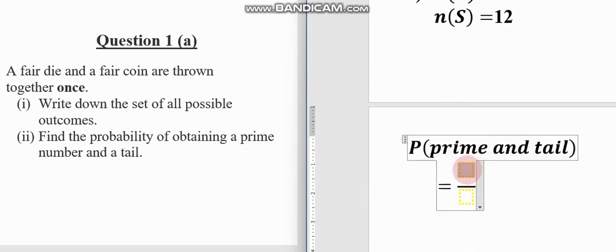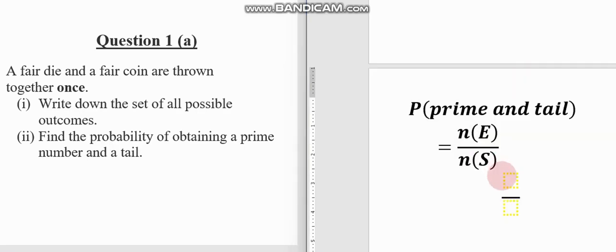The number of events is 3 over the number of sample space, which is 12.